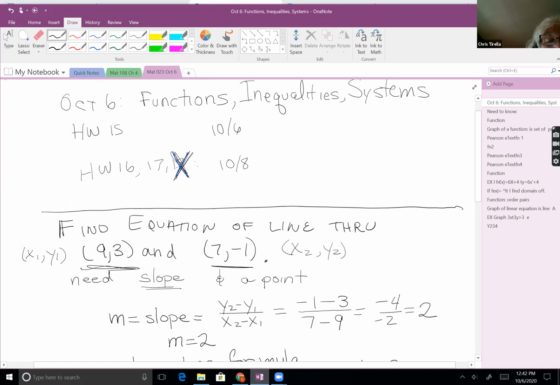That one will be due, the homework 18 will be due a week from today, the 13th, as will the problem set. And the test will be after the 13th, but before the 15th.